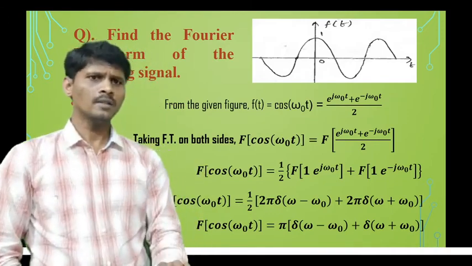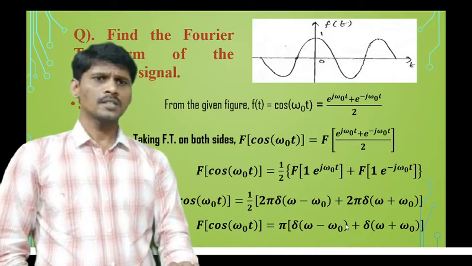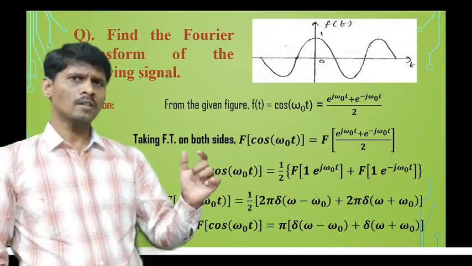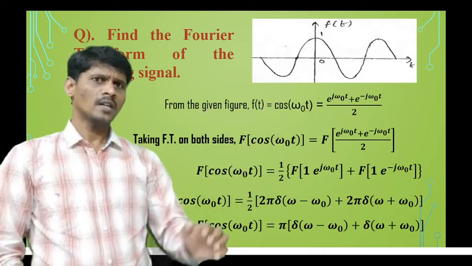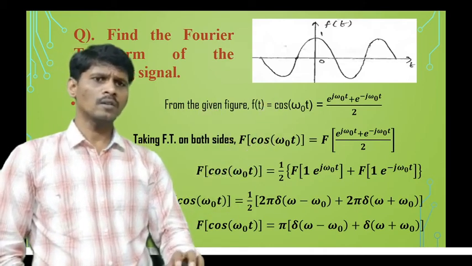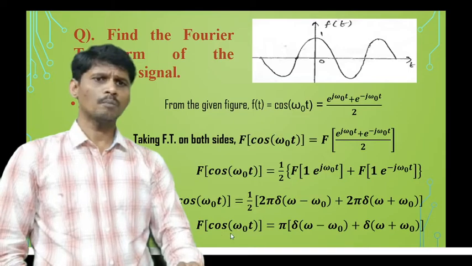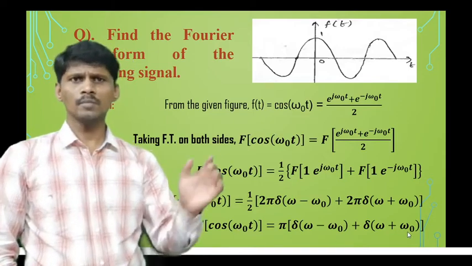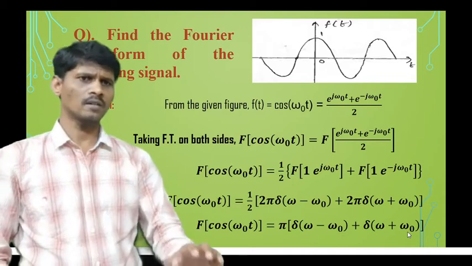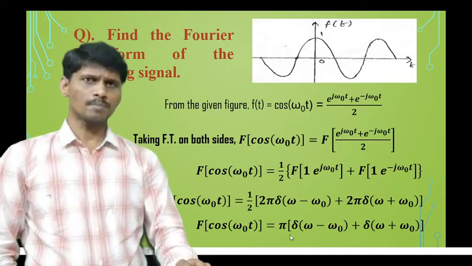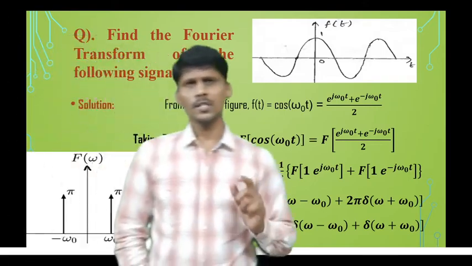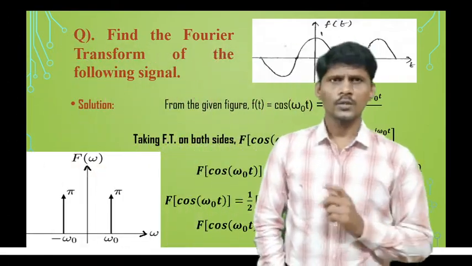Here an impulse function exists at omega equal to omega naught, on the positive axis. At omega equal to omega naught, the magnitude is pi. Similarly, an impulse function exists at omega equal to minus omega naught, and the magnitude is plus pi. So this is the graphical representation of the Fourier transform of the cosinusoidal signal.